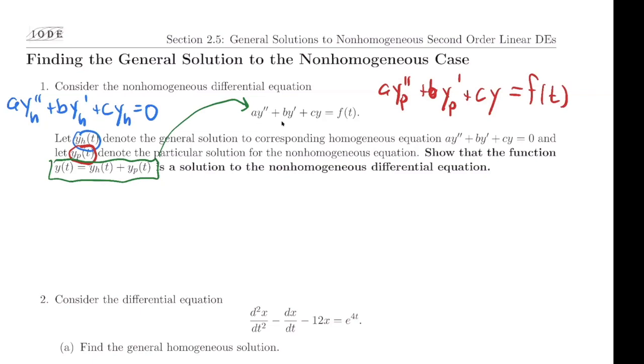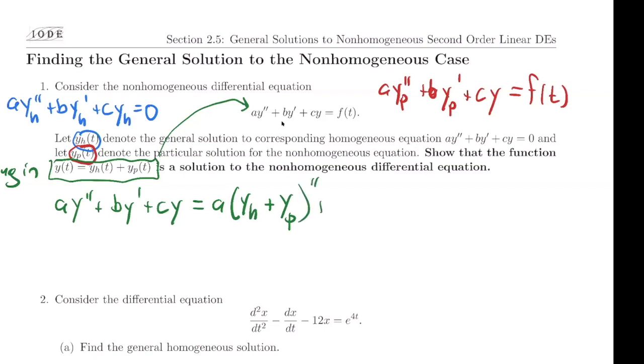So one way to show this is to plug it in. So I would get A times y double prime plus B times y prime plus C times y. And now let's just plug in what we defined y as, which was the sum of these two functions.